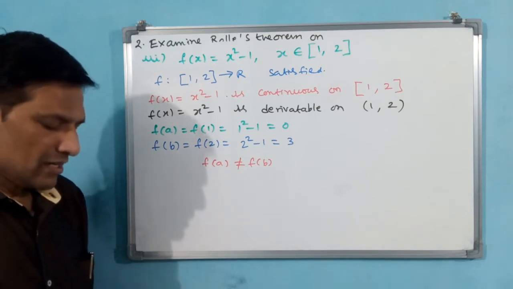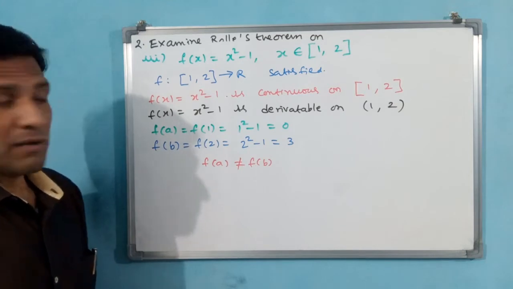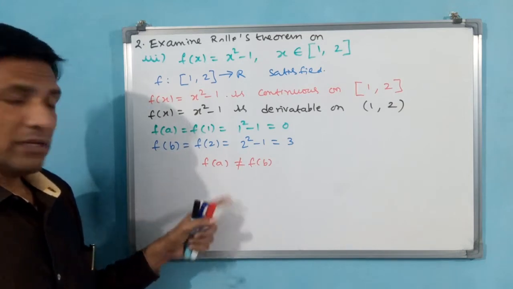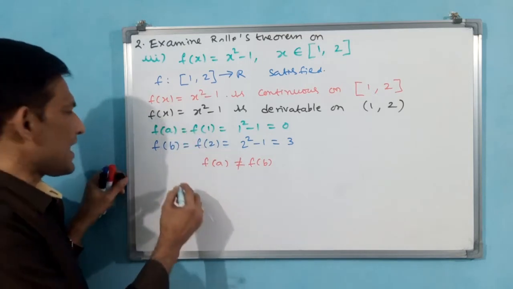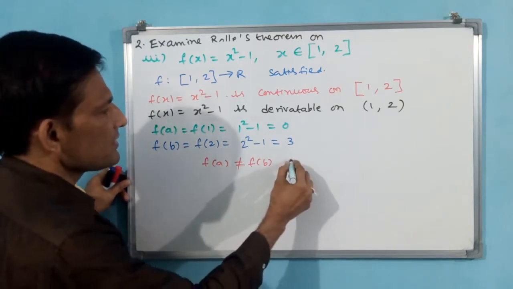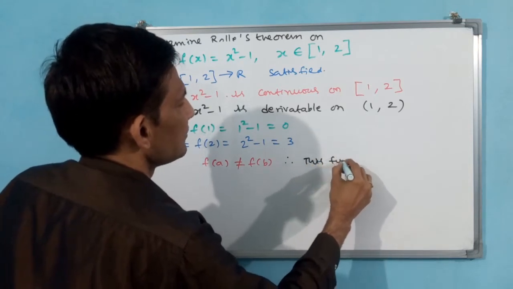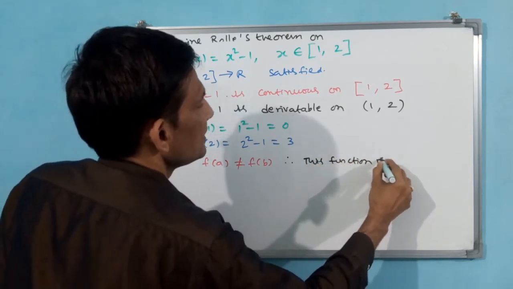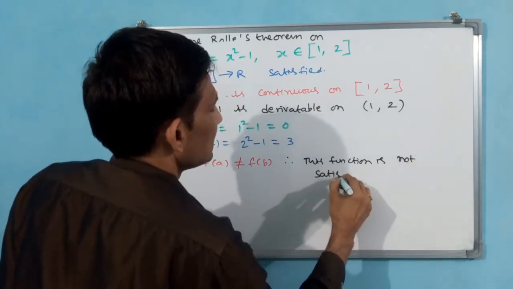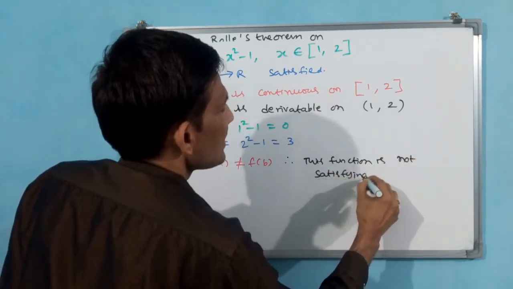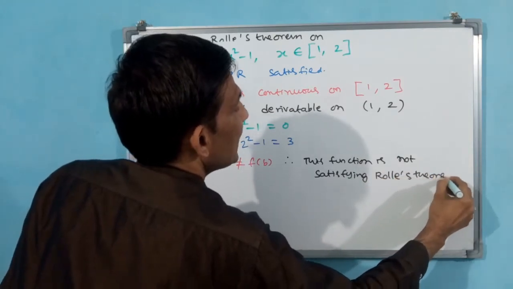First question we have done. But here f of a is not equal to f of b. Therefore, this function is not satisfying Rolle's theorem.